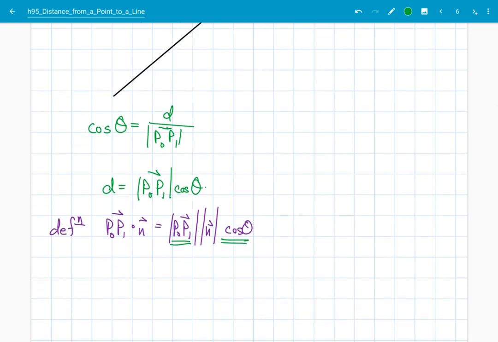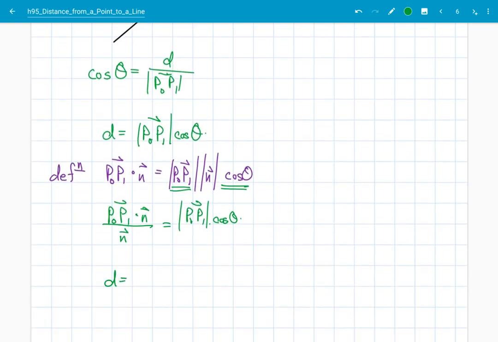So that means if we divide both sides by the magnitude of the normal, you get the magnitude of P naught P1 cos theta. So distance is the dot product from P naught to P1 with the normal divided by the magnitude of the normal.